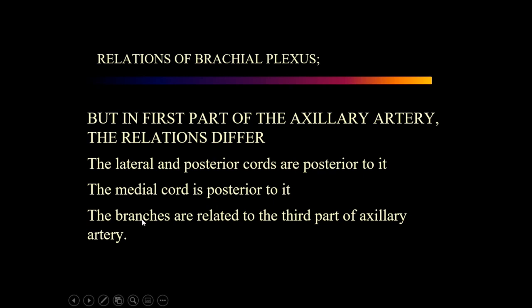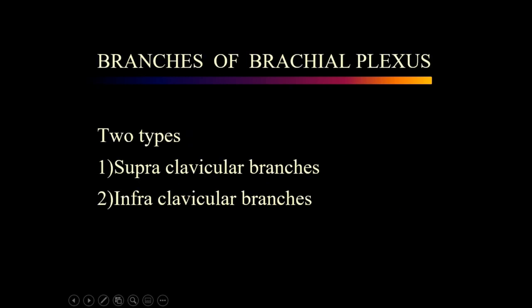The first and second parts of the axillary artery are related to the cords of the brachial plexus. Third part of the axillary artery is related to the branches of the brachial plexus. So we have completed till now the mode of formation of the brachial plexus and relations of the brachial plexus. Now we will see the branches of the brachial plexus.